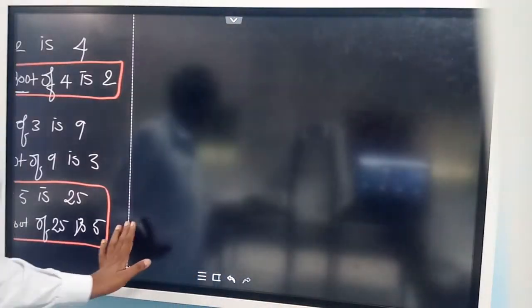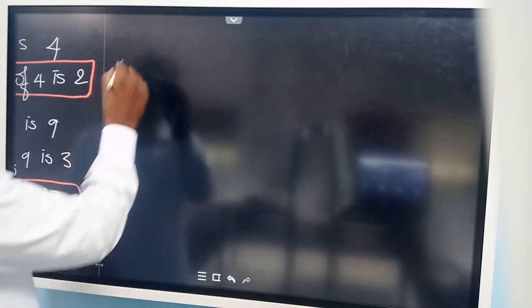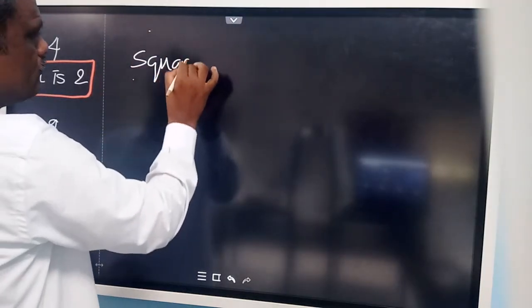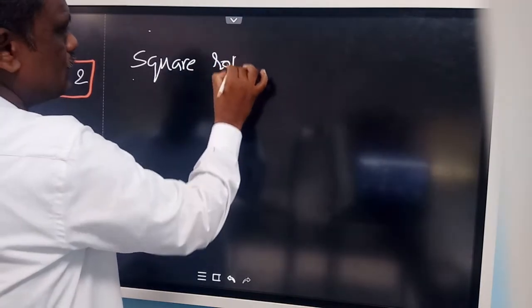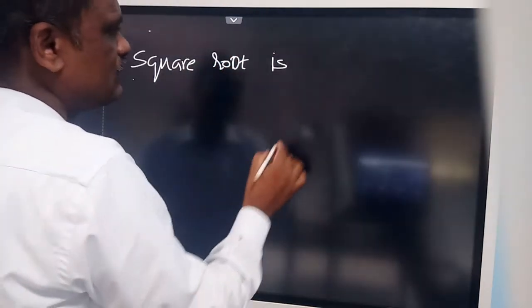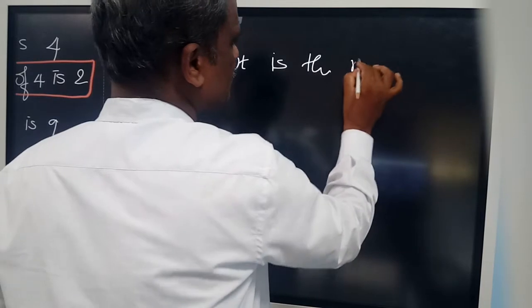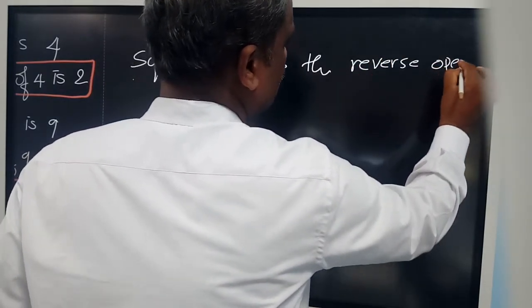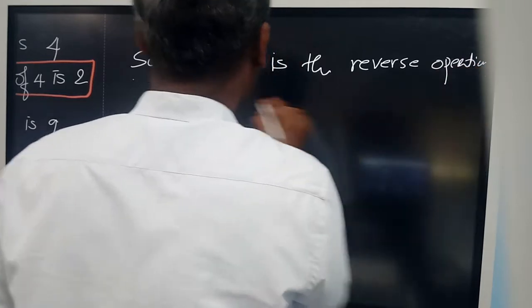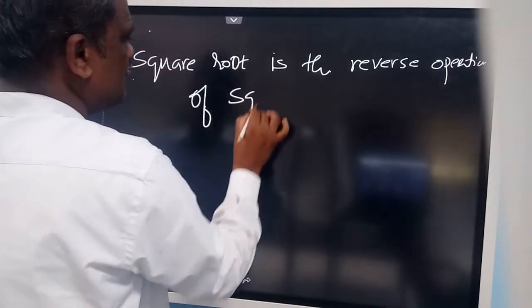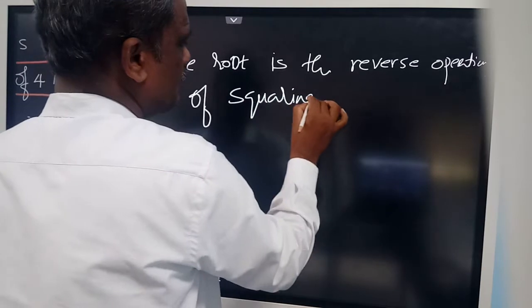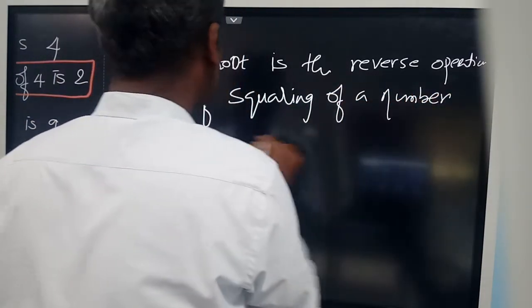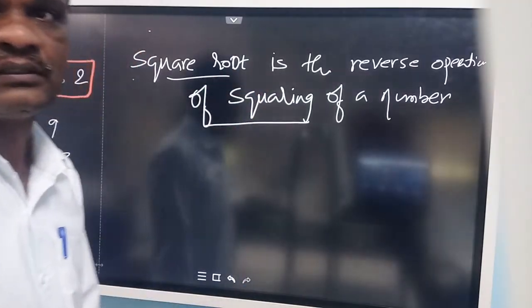So you can write the definition like this. Square roots. Square root is the reverse operation of squaring of a number. So this is the definition of square root.